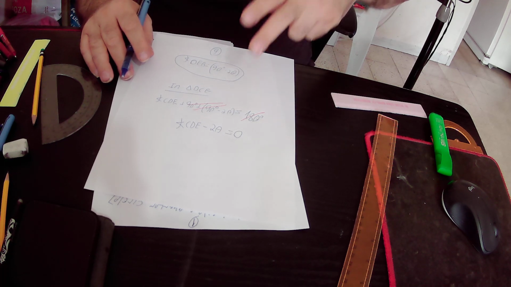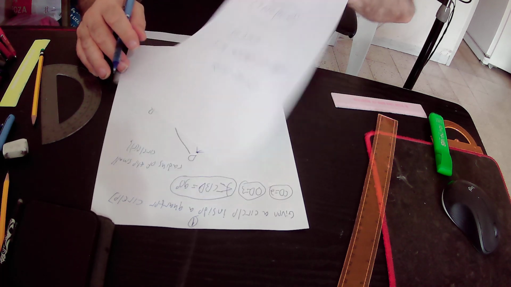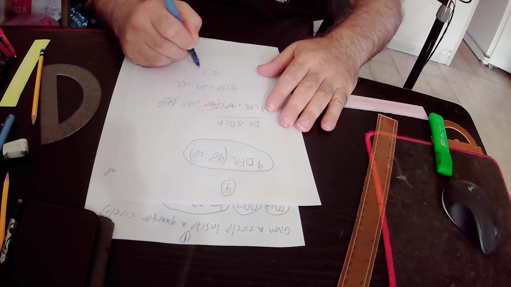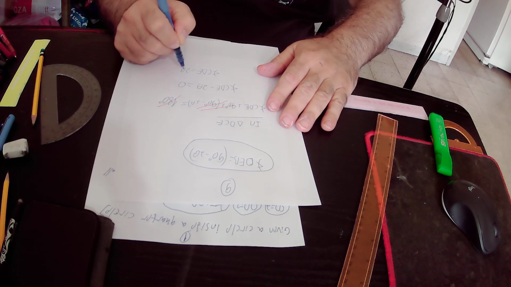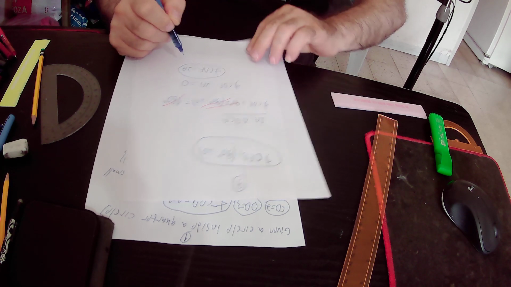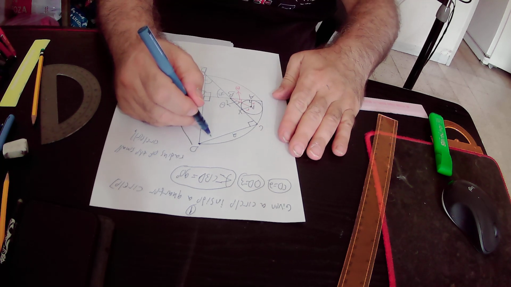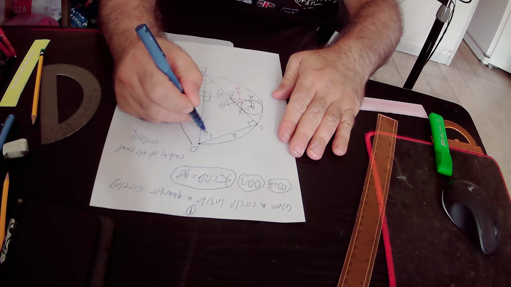Here we will add 2 theta and we will get that angle CDE equals 2 theta.